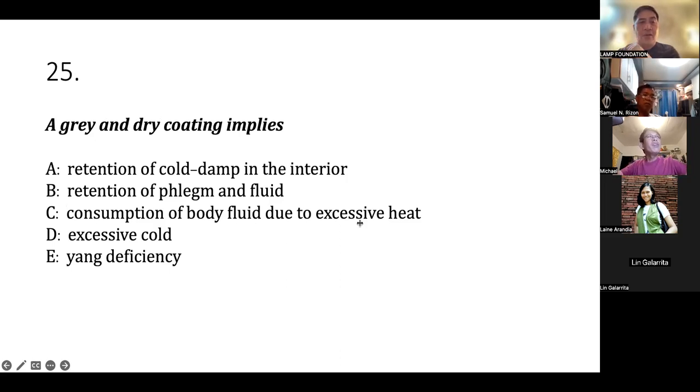Pag dry, it connotes heat, right? Yes po, Doc. Pag dry na, heat na yun. Okay, excessive heat na po.